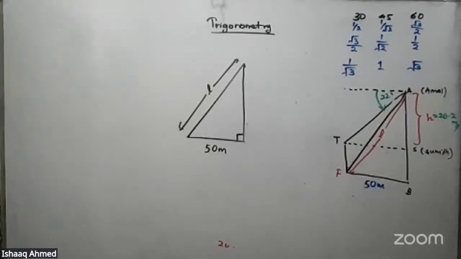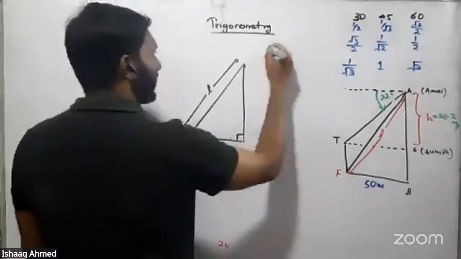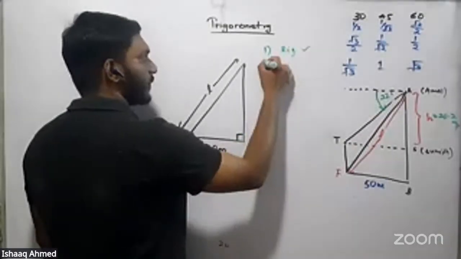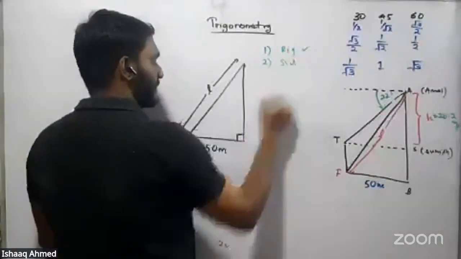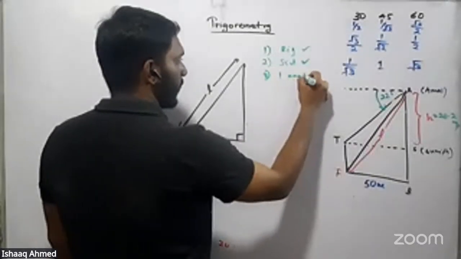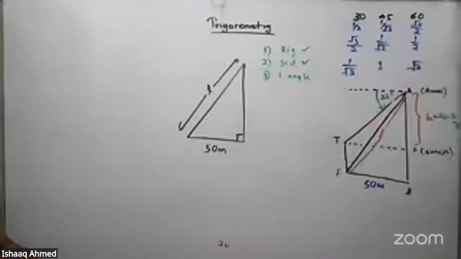Now what can we do? We have one side length also. Once again, to apply trigonometry, we need three things: a right angle, one side length, this is 50 now, and the third one, an angle.